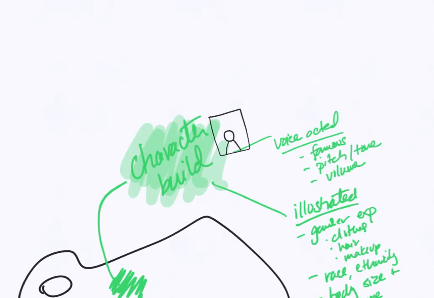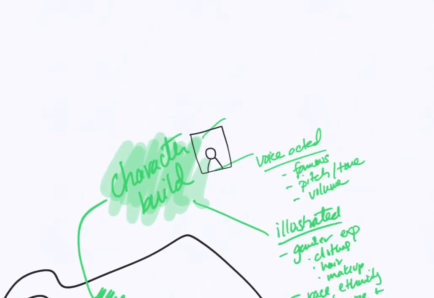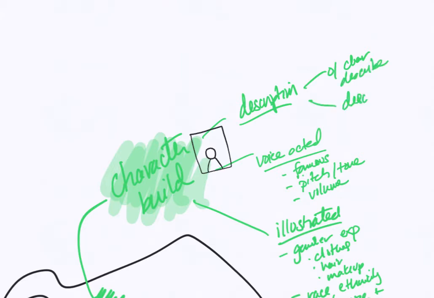Also, in terms of character build, we're also thinking about descriptions, right? So, how do other characters describe this character? How does that character describe themselves, right? And then in addition to that, we're also talking about things like action, right? And here we're thinking about things like movement.